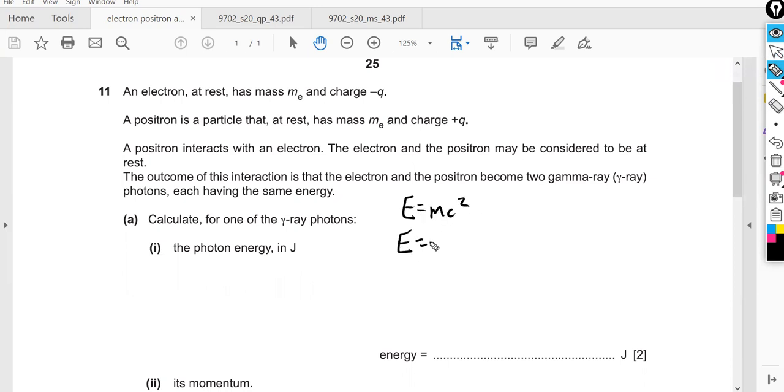We can solve for the energy by considering the mass of an electron, which is known as 9.11 by 10 to the negative 31 kilograms, and multiplying it by the speed of light, which is approximately 3 by 10 to the 8 meters per second. Don't forget to square that.